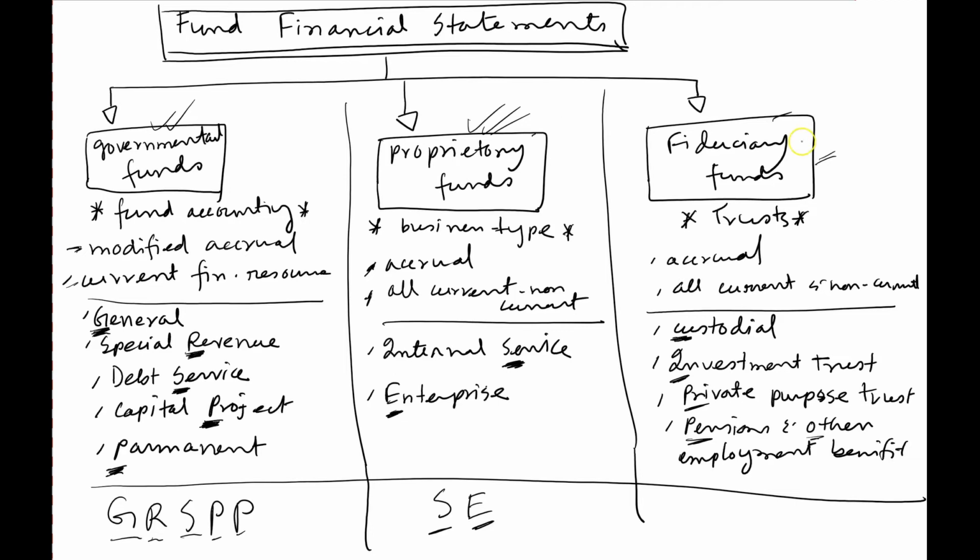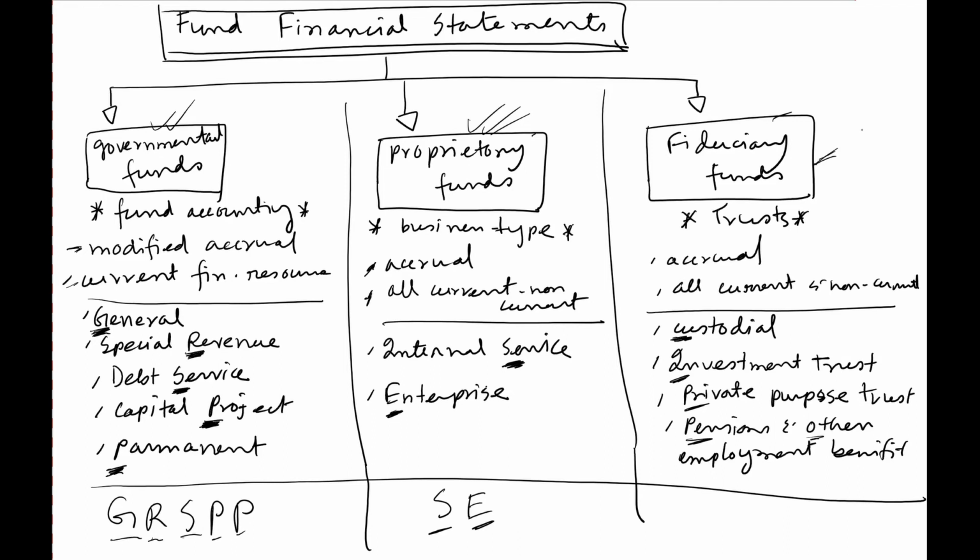And finally, the fiduciary fund will prepare the statement of net position, which is also a balance sheet type of statement, covering both short-term and long-term assets, and the difference between assets and liabilities is called net position. And for the statement of changes in net position, it's basically the additions to the fund and the deductions from the fund.